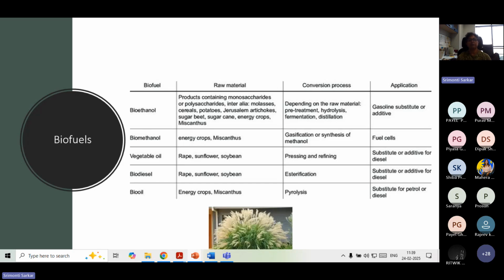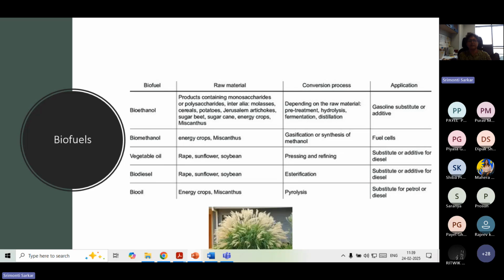Okay, and when we talk about energy crops, crops that have a lot of carbon material, that could be sugarcane, sugar beets, and even, you can see this grass may look a little familiar to you.